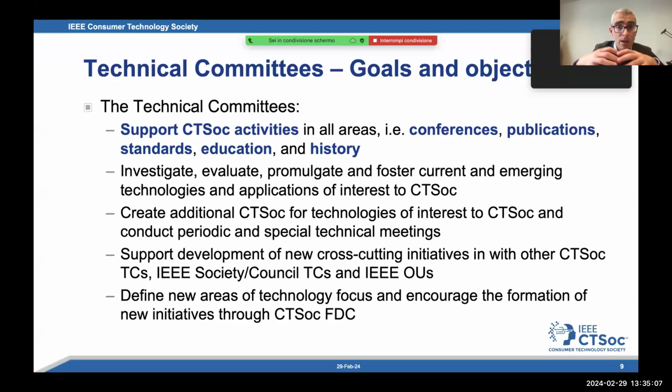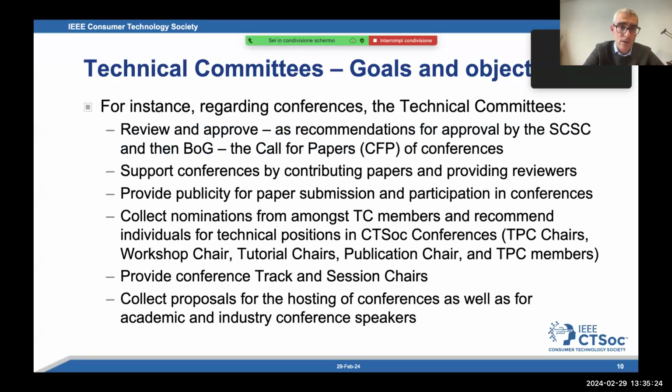They are supporting the cross-cutting and inter-organization initiatives within IEEE, but also with other organizations as well. And they design and define new areas of technology that could be of interest for CTSoc.